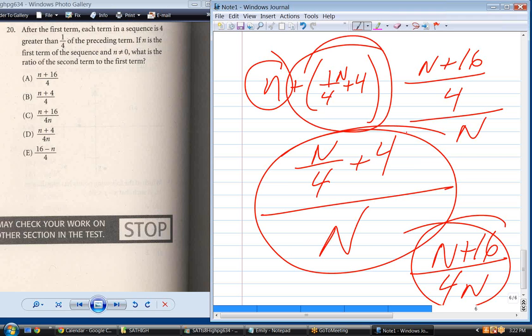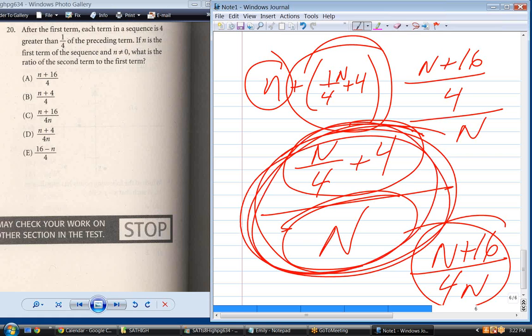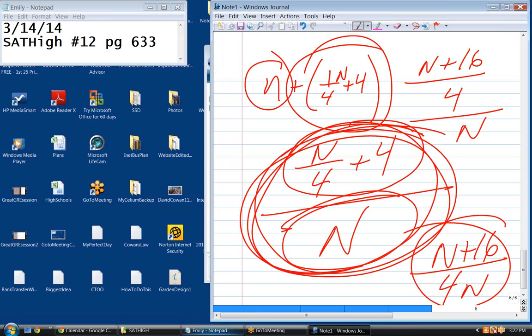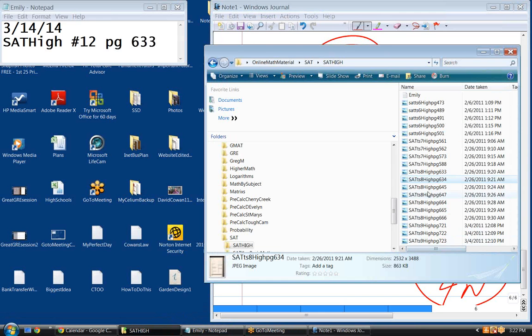So the ratio of the second term to the first term is that, and then we need to do some algebra to simplify that. Got it. All right. That's the first one that's even given you a hiccup, so.